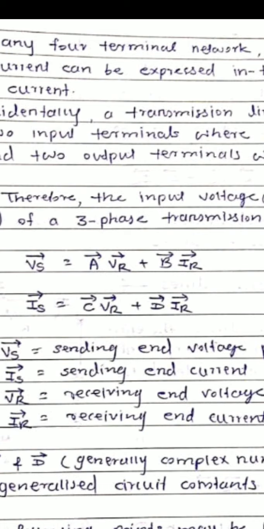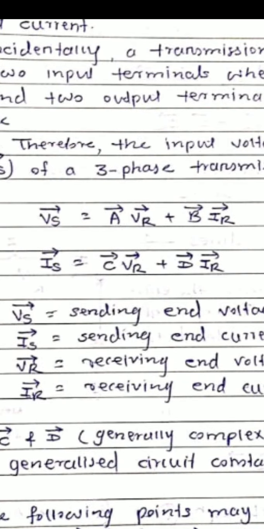Here Vs is the sending end voltage per phase, Is is the sending end current, Vr is the receiving end voltage per phase, and Ir is the receiving end current. From the above equations we observe that capital A, B, C, D are constants, known as the generalized circuit constants of the transmission line.